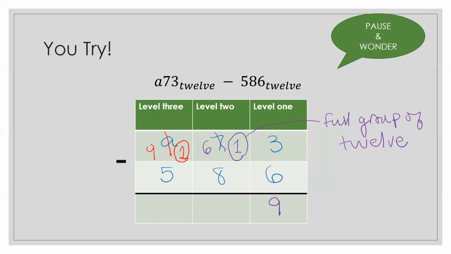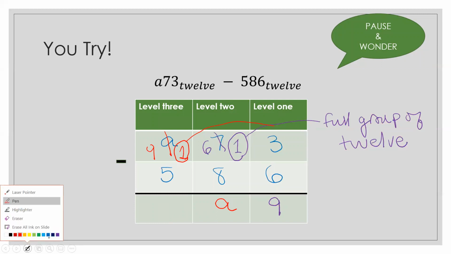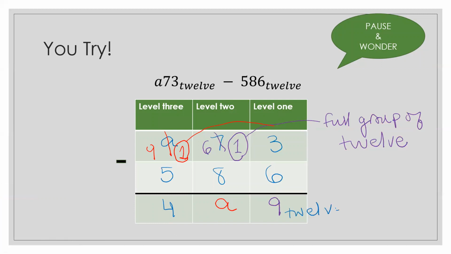So that full group of 12 again, take 8 away from one full group of 12. I have 4. 4 plus 6 that I had before, that give me A. And then 9 minus 5 is 4. Just as we normally have. And there is our answer in base 12. And that's it for today.